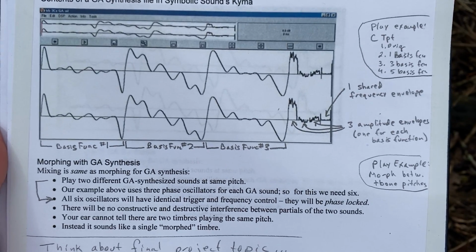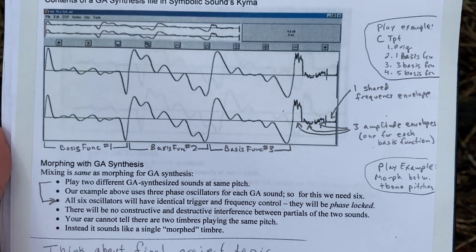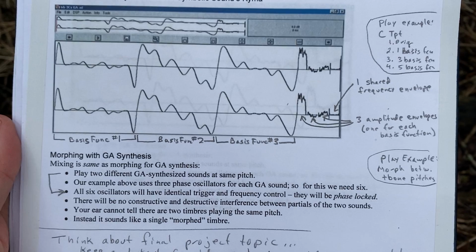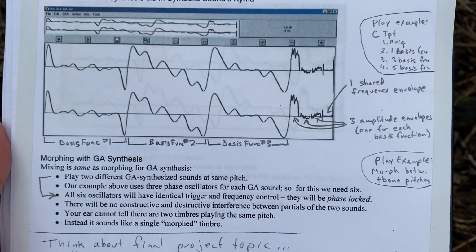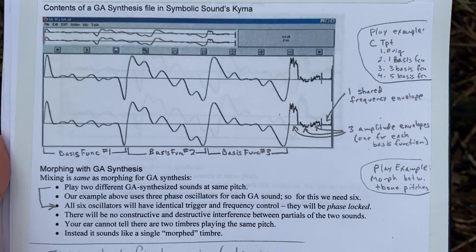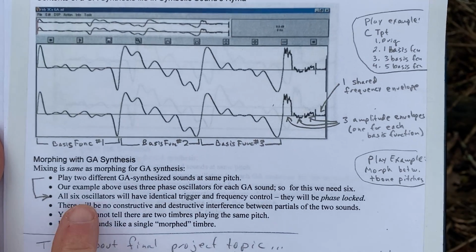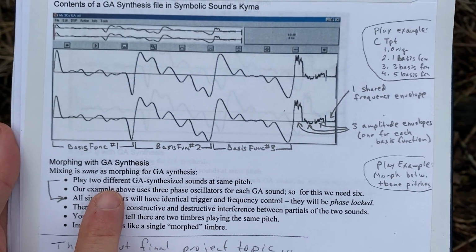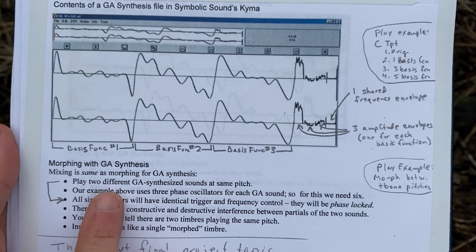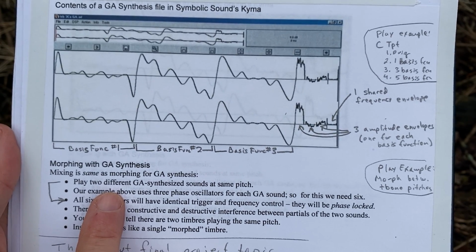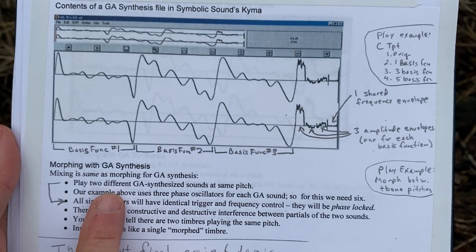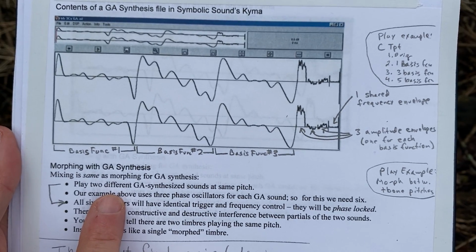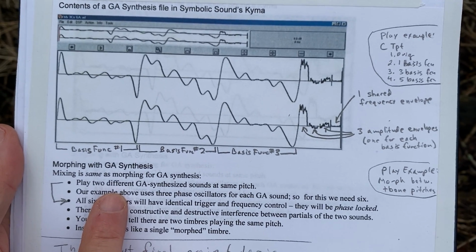But I do want to say something about morphing too, and I'll play you an example of that. You can morph with these kinds of wavetables. You can play 2 different GA synthesized sounds at the same time. The example I'm going to play you is 2 different trombone notes analyzed at different pitches, and you just play them exactly at the same time.